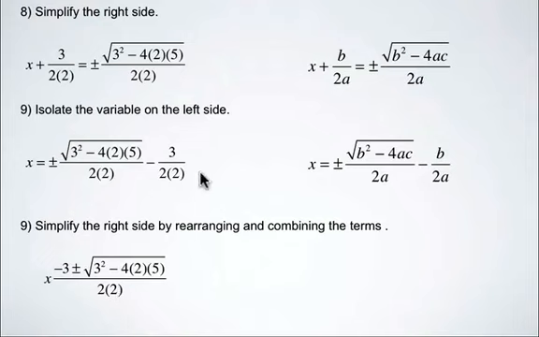We were able to add this to the square root because the denominators are the same. Likewise, the denominators are the same here. So we can move this negative b to the front and have plus or minus the square root of b squared minus 4ac. And there is our quadratic formula.